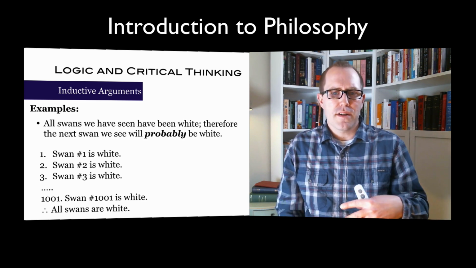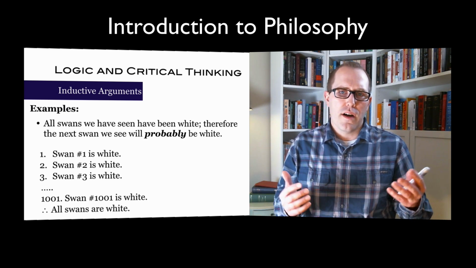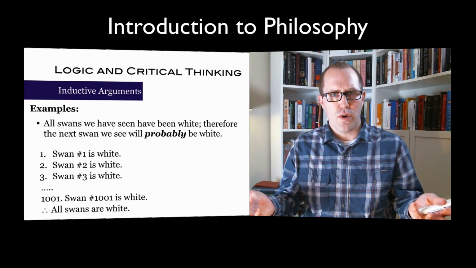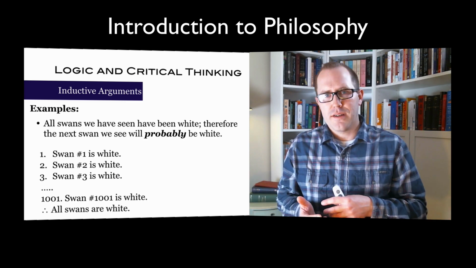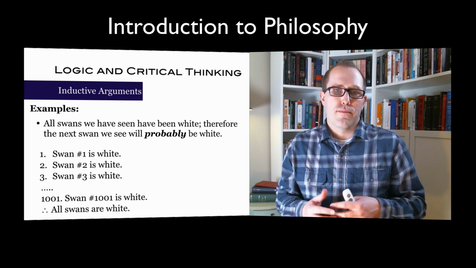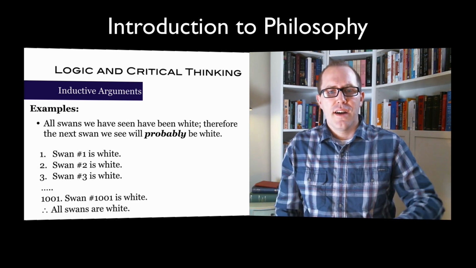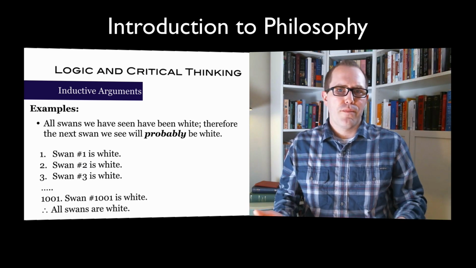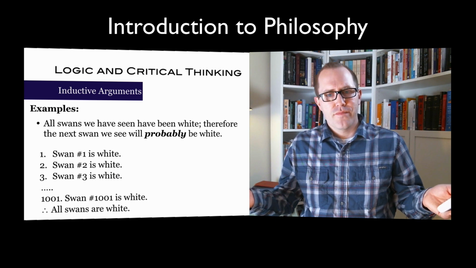So if you want to set it up into some sort of syllogism, you might set it up like this. Premise 1, the first swan that we saw was white. Premise 2, the second swan that we saw was also white. Premise 3, the third swan that we saw was also white, all the way down to, let's say we saw 1,001 swans, and all of them were white.